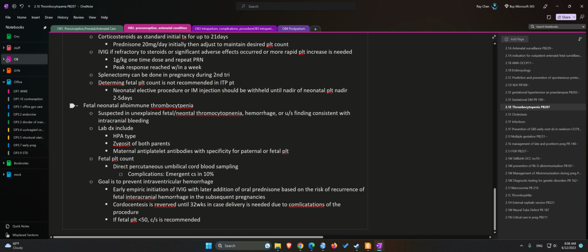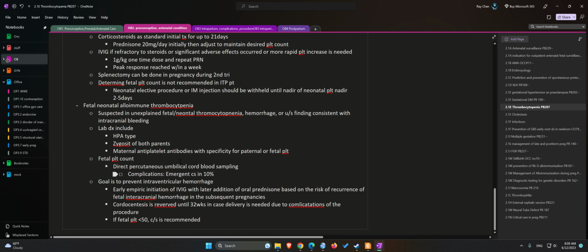We find out if there is maternal antiplatelet antibody with specificity for paternal or fetal platelet. Fetal platelet count can only be attained through direct percutaneous umbilical cord blood sampling. There's a very high complication rate, which will sometimes require emergency C-section in 10% of procedures.